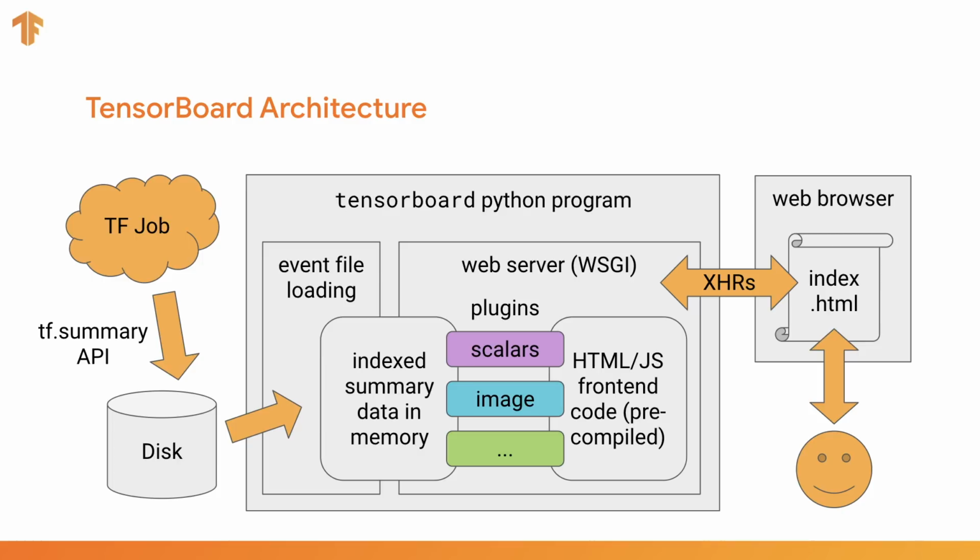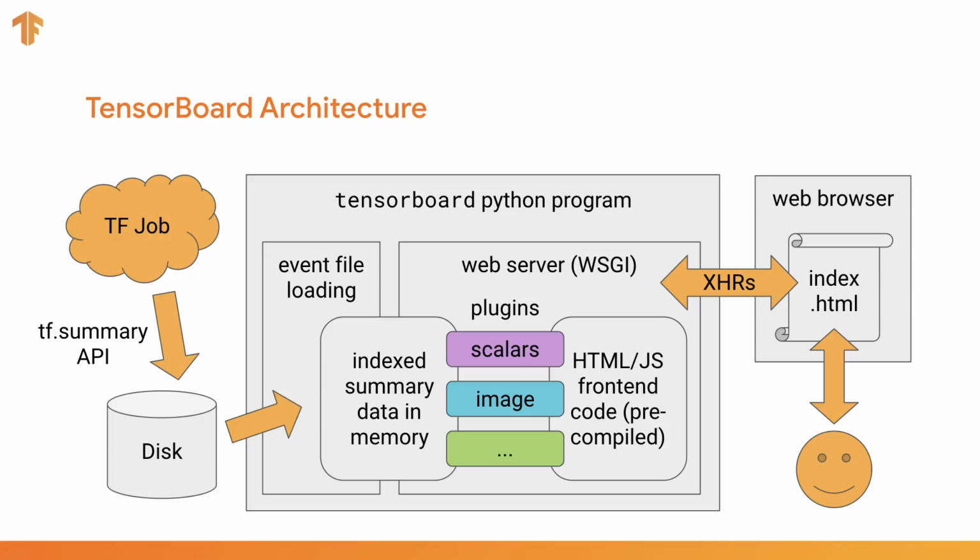And then each plugin has a front-end dashboard component, which are all compiled together by TensorBoard and served as a single page in index.html. And that page communicates back and forth with the backends through standard HTTP requests. And then finally, hopefully, we have our happy user on the other end, seeing their data, analyzing it, getting useful insights.